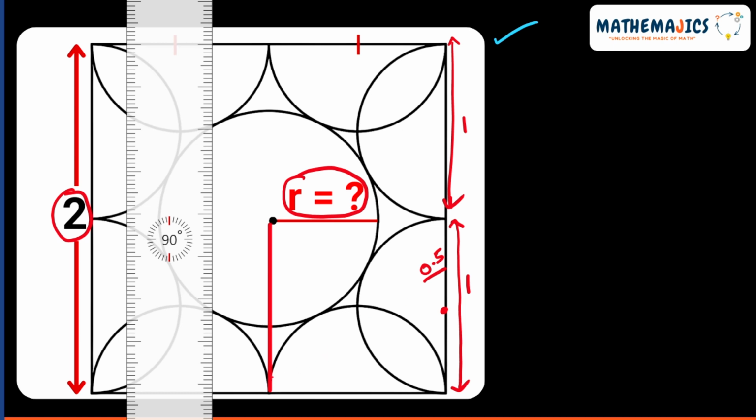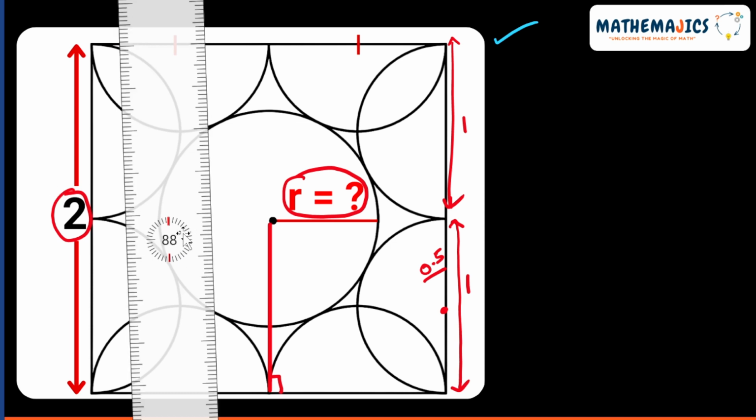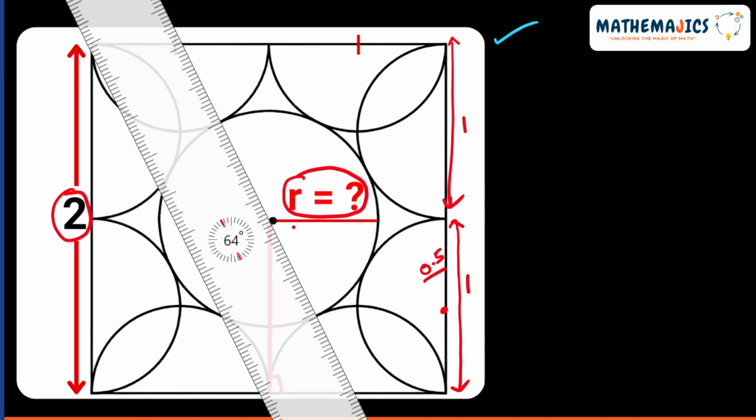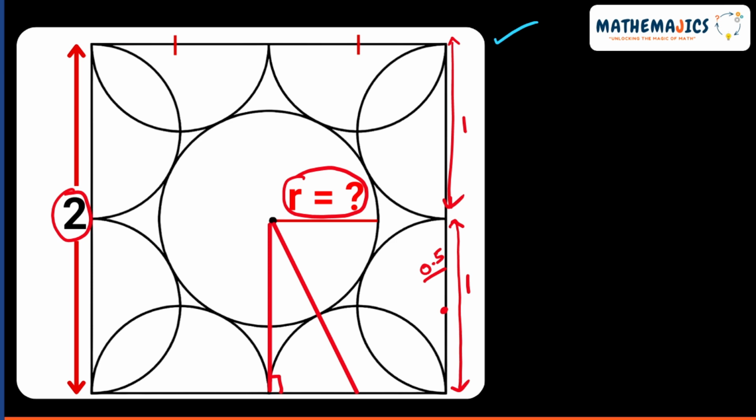Now we will draw the radius of this circle and of this semicircle. Let's see how. Now let's see what these lengths are.